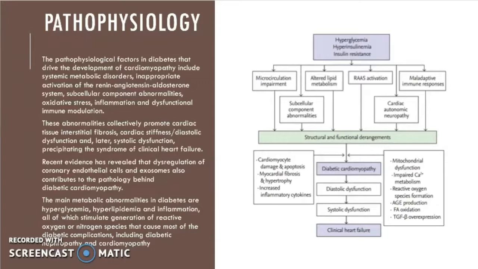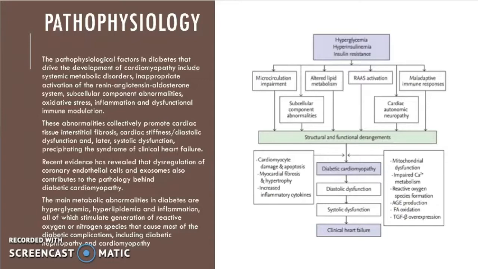Thus, glucose-induced alterations in calcium transients could play a role in the progression of muscle weakness observed in diabetic myopathy. Increased reactive oxygen species production in the diabetic heart is a contributing factor in the development and the progression of diabetic cardiomyopathy.